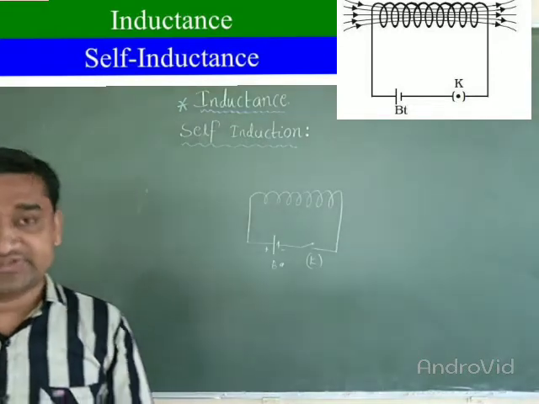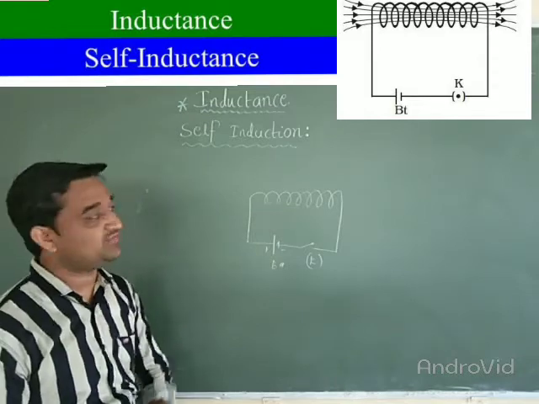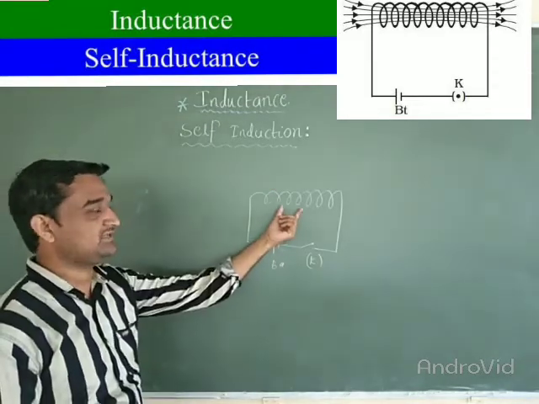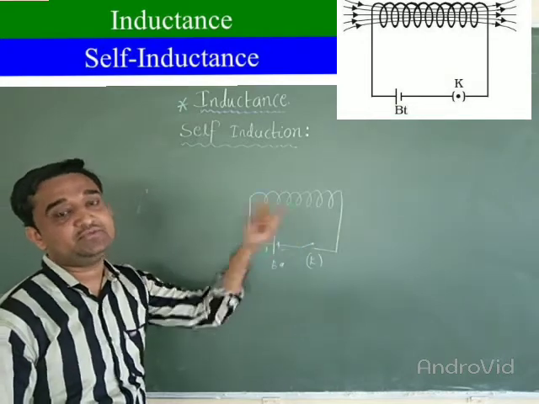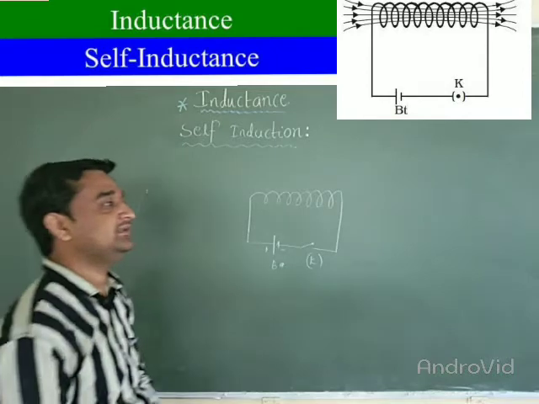Because of this, whenever the magnetic flux linked with the coil changes, an EMF is induced in this coil. So this induced EMF opposes the growth of the current in the coil.